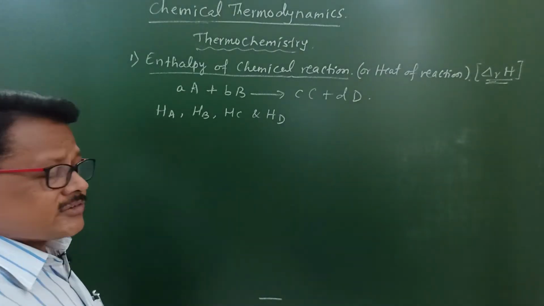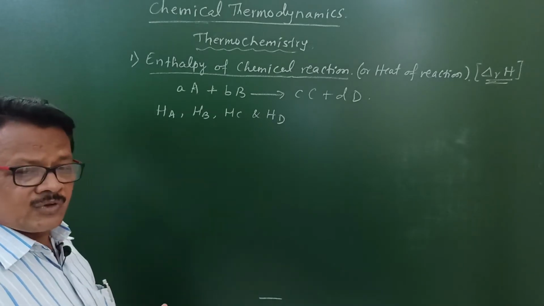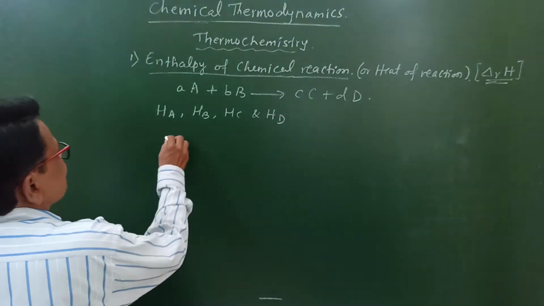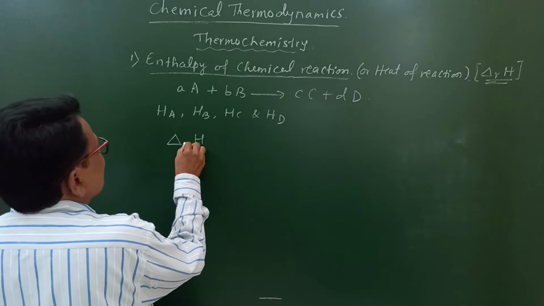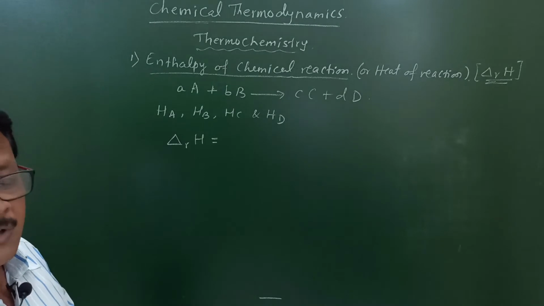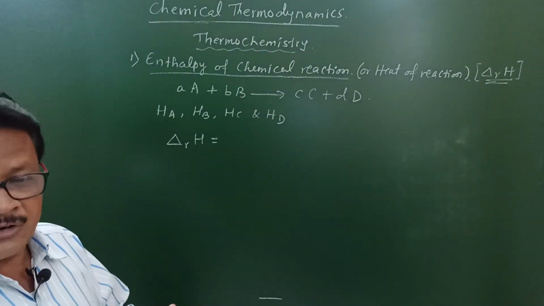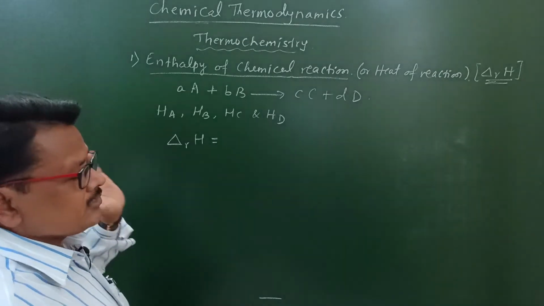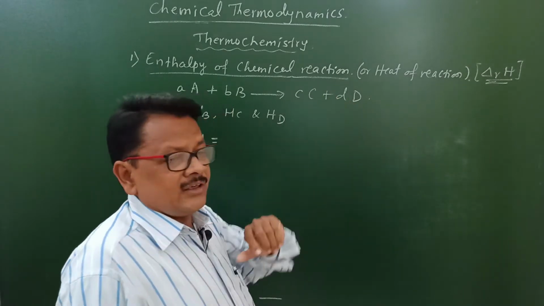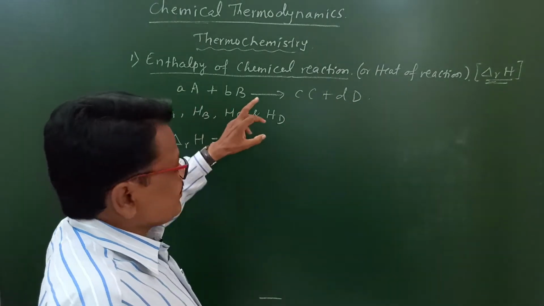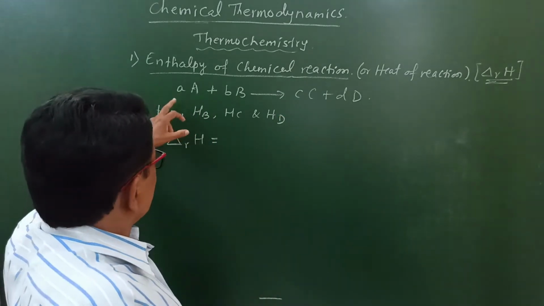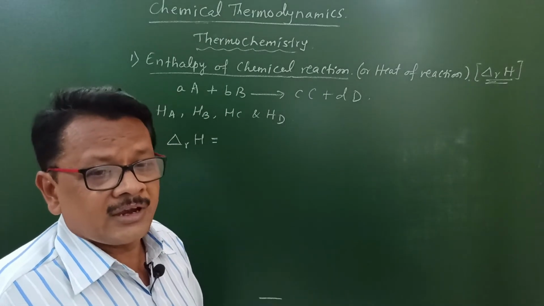Then how can we define the heat of reaction, or enthalpy change of a chemical reaction? Delta HR, the enthalpy of chemical reaction, will be equal to the summation of enthalpies of products minus the summation of enthalpies of reactants. C and D are the products, A and B are the reactants, small c and small d are the coefficients of products, and small a and small b are the coefficients of reactants.